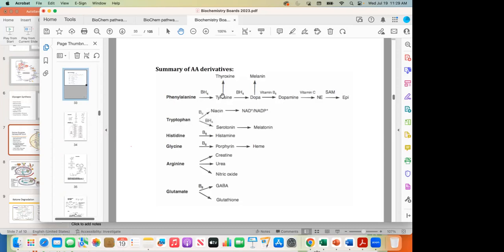Tyrosine then gets converted into the rest of them. They've asked what's the precursor for dopamine, and given you phenylalanine, tryptophan, arginine, and glutamate, and tyrosine's not an option. So phenylalanine would be your choice.